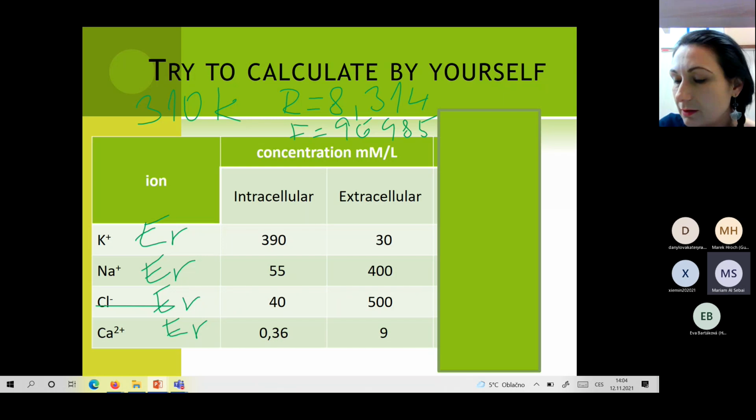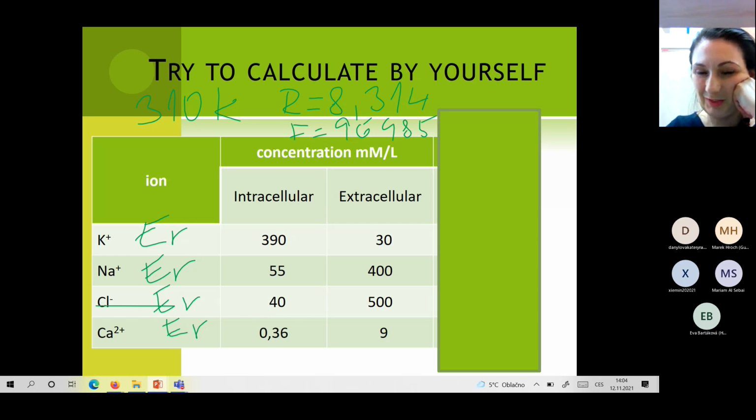6.6 because it was multiplied by 10 to the 4. I don't know how to say it in English. No, but it's 0.76. It should be simple, like 86, something like that. So maybe I did something wrong here. Okay, the third one. It's minus 67. Yes, and the last one for calcium. 43.